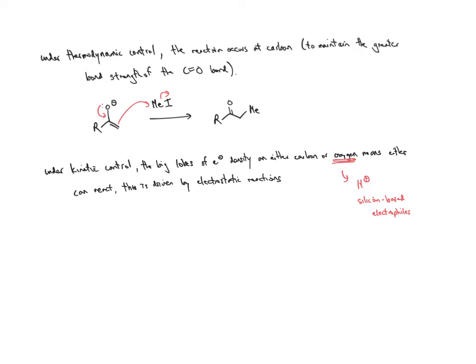So an example here is to take this enolate and react it with H plus, and that's going to give us a nucleophilic attack, driven by the charge attraction between the point charge H plus and the big lobe on O minus, and that's going to give us the enol. And then, of course, that tautomerizes into the ketone.